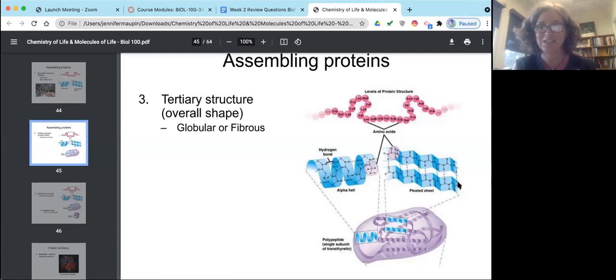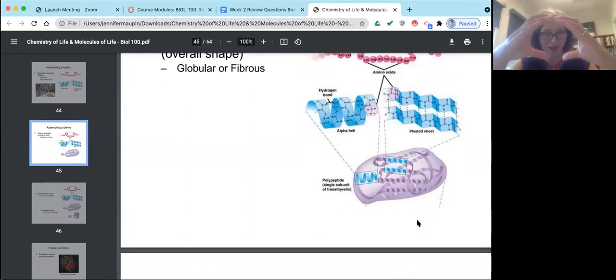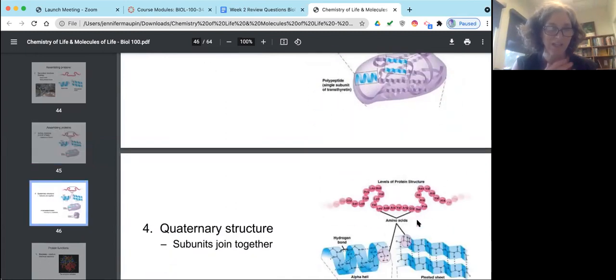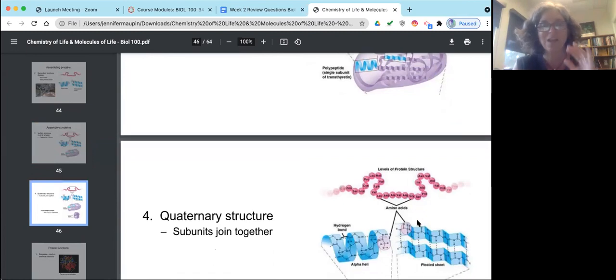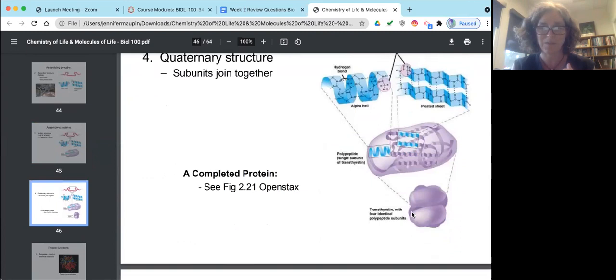And when it gets into its overall folding pattern, sometimes you have the protein as it needs to be at that point. But if there are multiple subunits of the protein, like hemoglobin has 4 subunits, then those subunits are going to join together, and that gives you the completed protein itself.